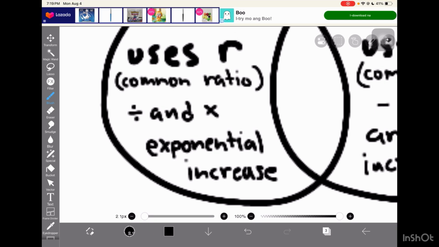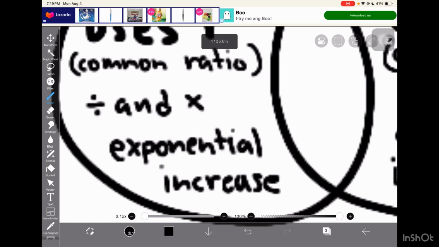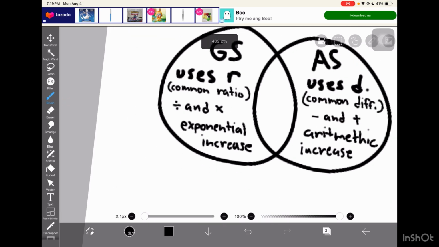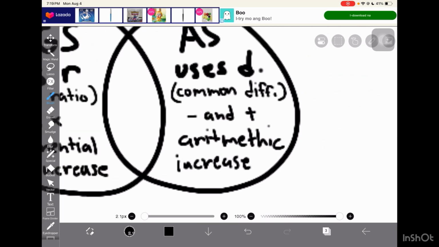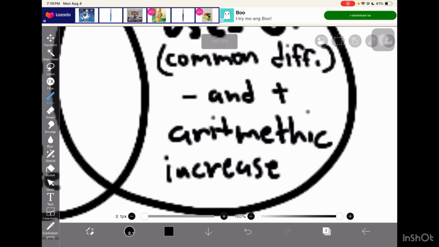Even though the common ratio might just be a single digit, you could be dealing with the millions easily. That's why I call it an exponential increase. Meanwhile, arithmetic sequence is just a fixed increase. It's not going to rapidly rise. It's just going to be an arithmetic increase that's fixed all throughout until your sequence reaches infinity.